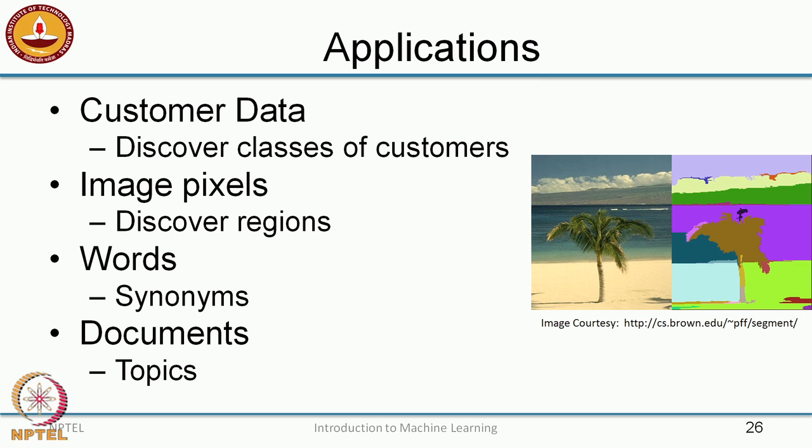Here are a few representative ones. One is to look at customer data and try to discover classes of customers. Earlier, in the supervised learning case, we looked at whether a customer will buy a computer or will not buy a computer.